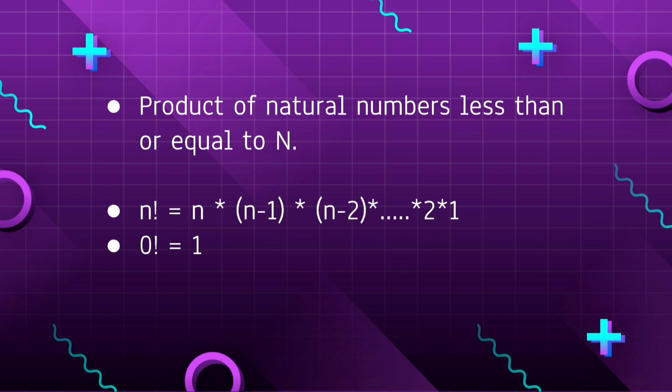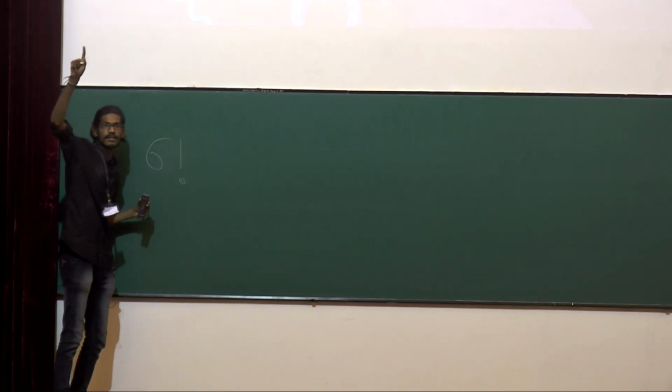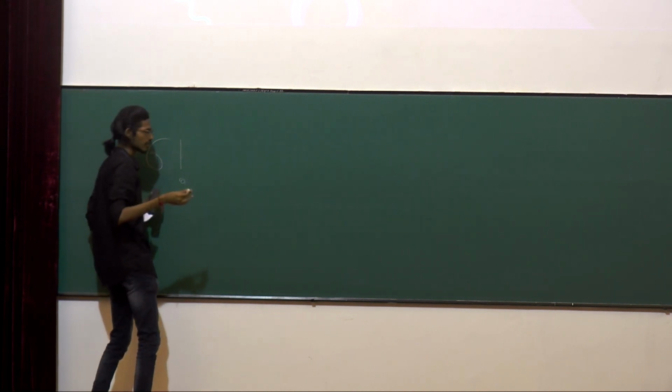suppose you are given 6 factorial. Is this visible at the end? Yeah. So suppose you are given 6 factorial.